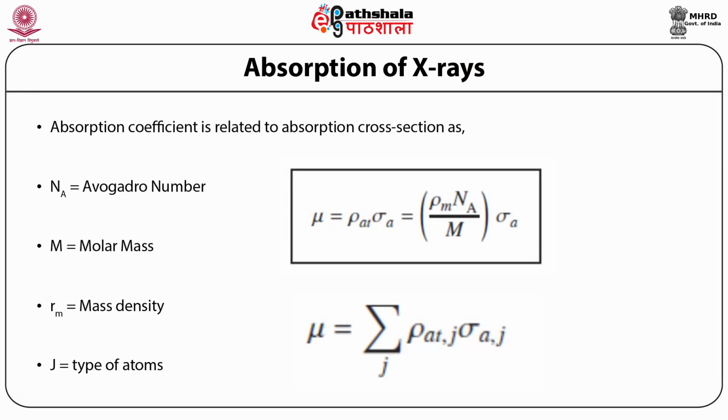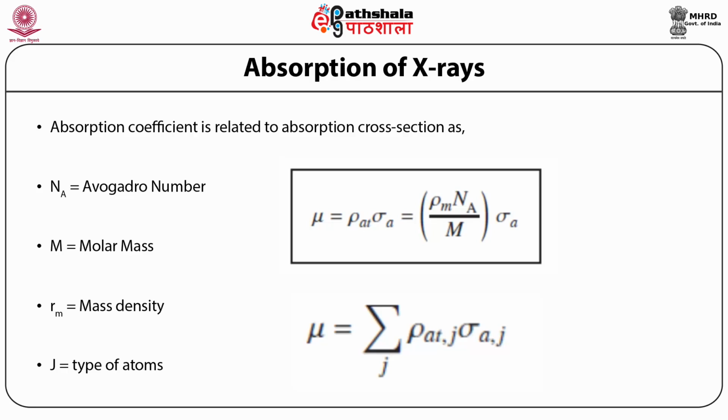As you can see, this is the product of atomic density and absorption cross section. The subscript A and AT represent atom. This absorption cross section depends on what kind of atoms we are using. For example, sodium, chlorine, hydrogen, or any other atom will have a different absorption cross section.